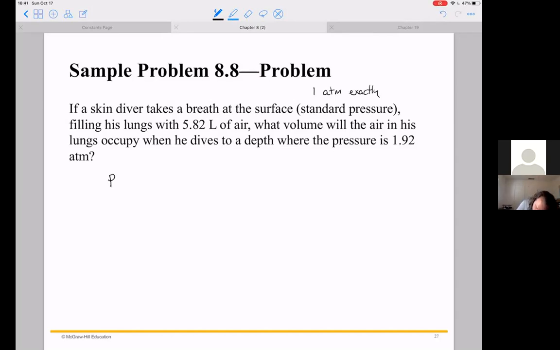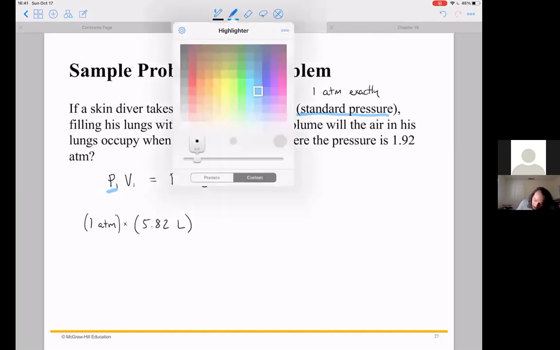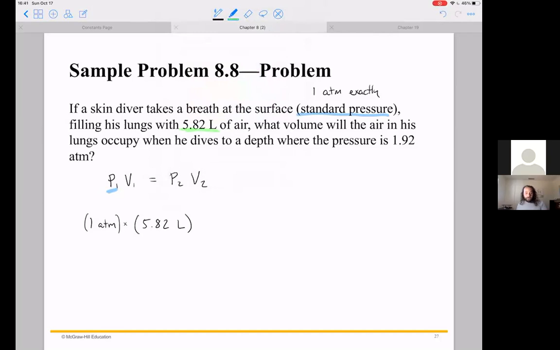So again, we take our Boyle's law, P1 V1 equals P2 V2. The pressure before is this standard pressure, so that's 1 atm, times the volume before, which is the 5.82 liters. So this was before he dove down. And this is going to be equal to the pressure afterwards, which is 1.92 atm, times the volume afterwards, which is my variable.